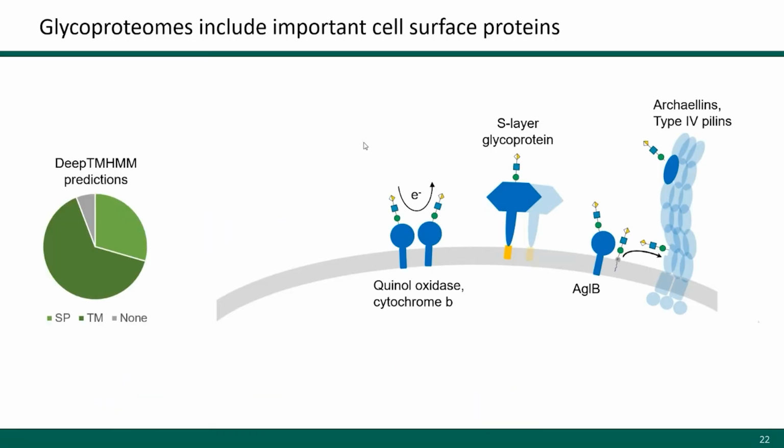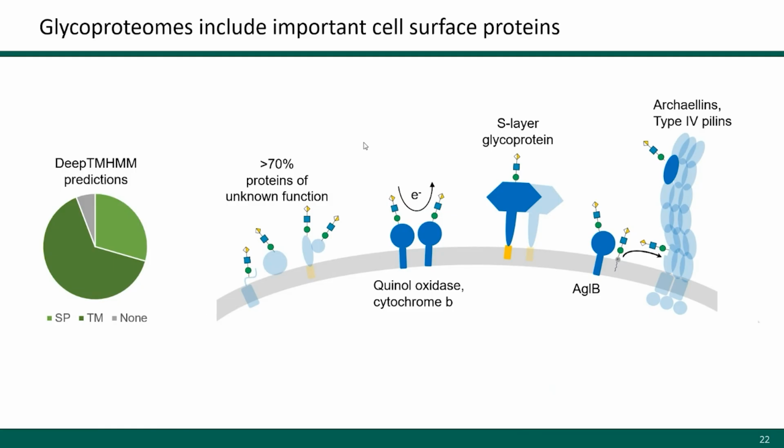Just real quick, glycoproteins are important for various different functions in the cell. Archaeal pili and flagella are glycosylated, and as mentioned before, important for the attachment of cells to hosts or abiotic surfaces. AglB is the glycosyltransferase related to STT3 in eukaryotes, which is also glycosylated. The S-layer glycoprotein is basically the cell wall of archaea.